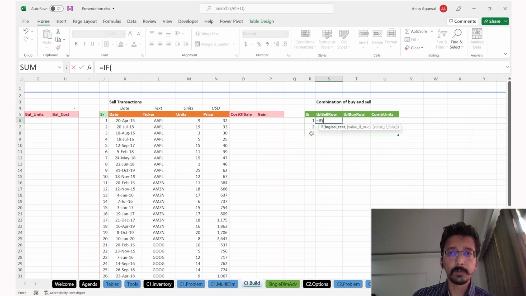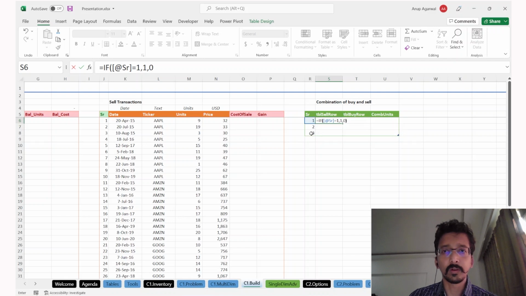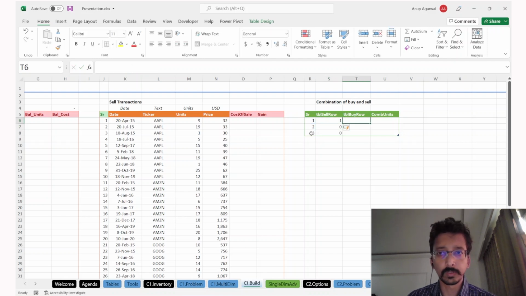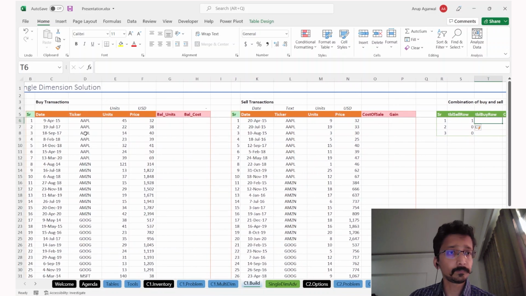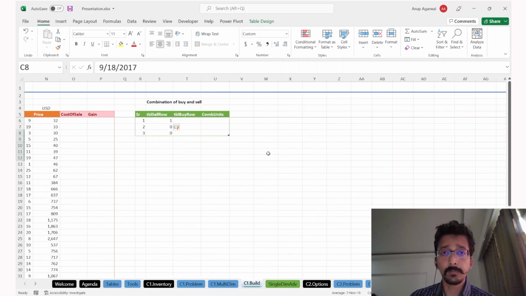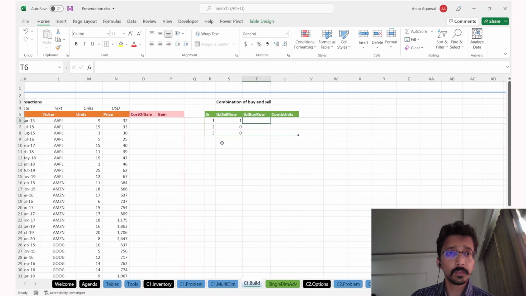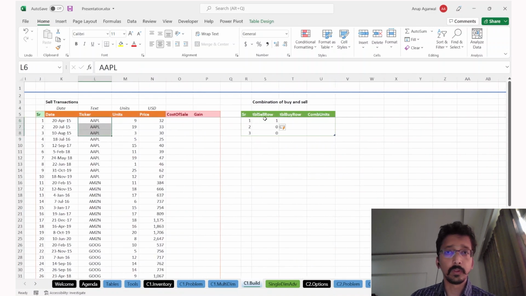Now let's say I write a formula over here that if this is 1, then we want 1. Otherwise, just for a moment, let's say 0. We'll work on it in a few moments. Then the table by row, where we are trying to identify which row of this table is the Apple purchase, because the sale is for Apple.